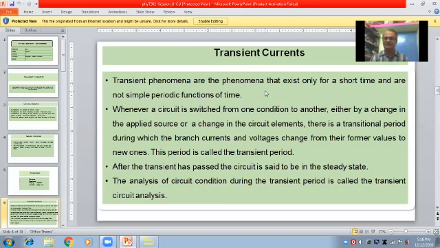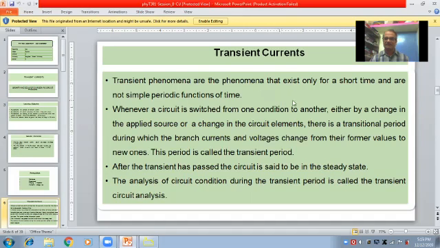At that time, the flow of current in the circuit is affected, and also if there is an inductor in the circuit, an EMF will start developing across the inductor, so that also affects the flow of current. This short time during which a capacitor charges or an inductor develops EMF is called a transient period, and this phenomenon is called a transient phenomenon.